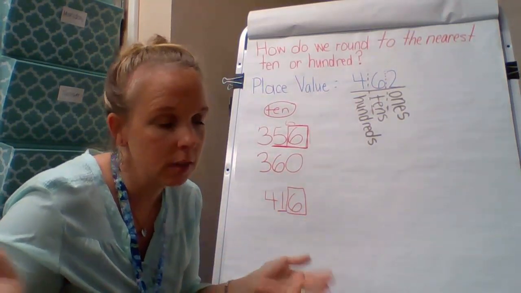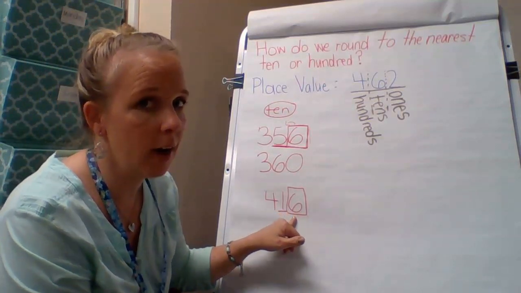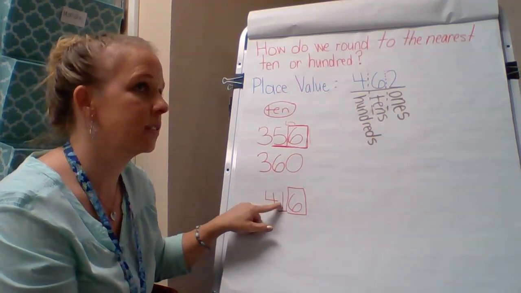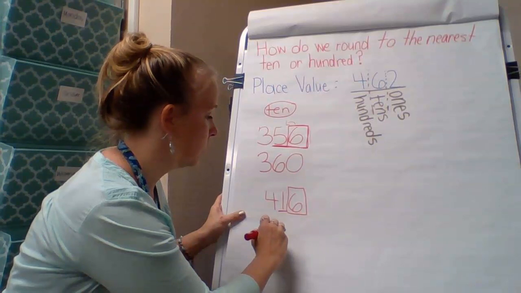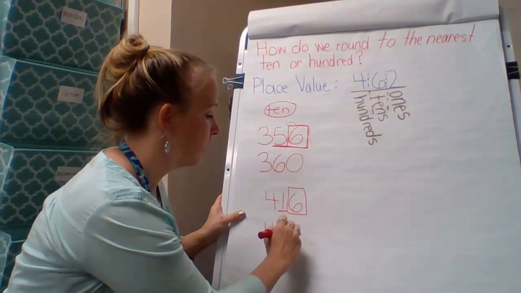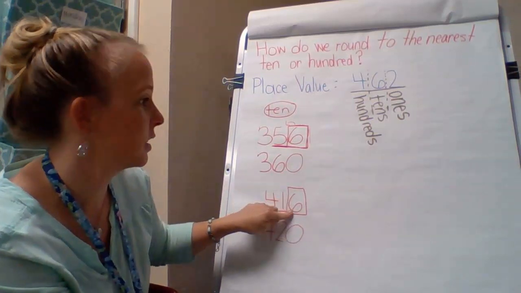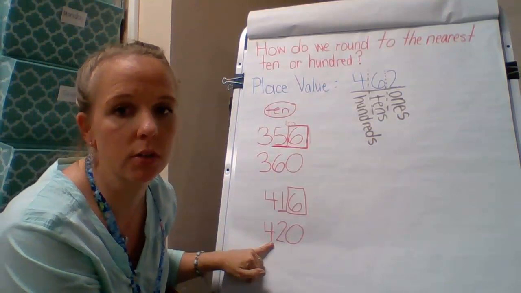What should I do? And the number 6 is going to say, well, I am greater than a 5, so you are going to bump up 1. And the number 1 is going to say, oh, okay, thank you, number 6. Let me bump up to a 2, and then goodbye, and change to a 0. So 416 rounded to the nearest 10 is 420.